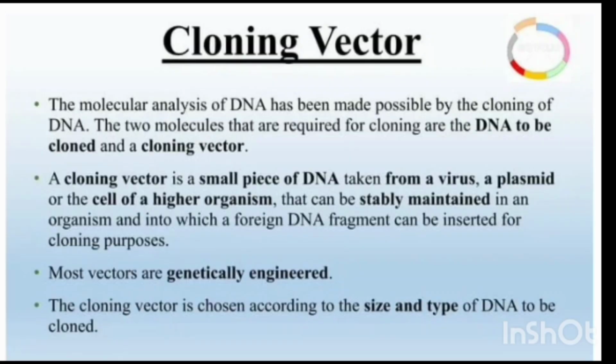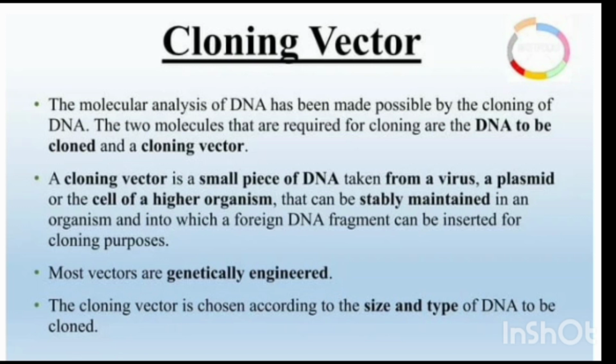Coming to cloning vectors, the molecular analysis of DNA has been made possible by cloning of DNA. The two molecules that are required for cloning are the DNA which is to be cloned, and the cloning vector. So I need the DNA, which is my desired gene of interest, and the cloning vector, which is my target.